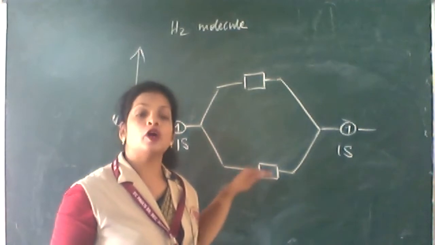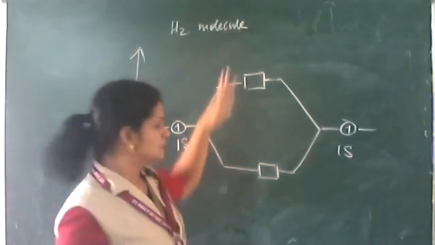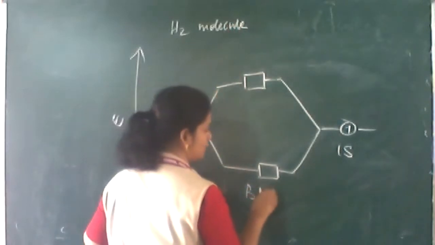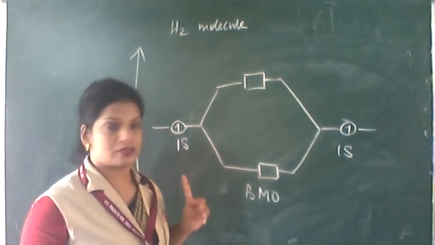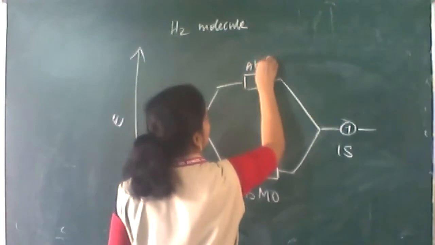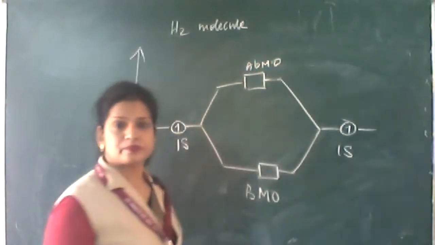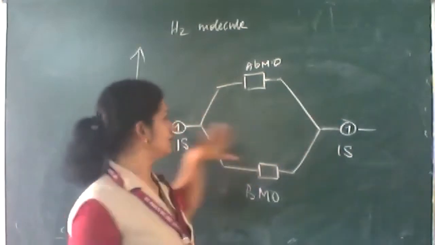Aufbau principle. Orbitals are filled according to their increasing order of energy. So this BMO, which has lower energy, will be filled first, followed by ABMO, that is the anti-bonding molecular orbital. It has higher energy than the combining atomic orbitals.